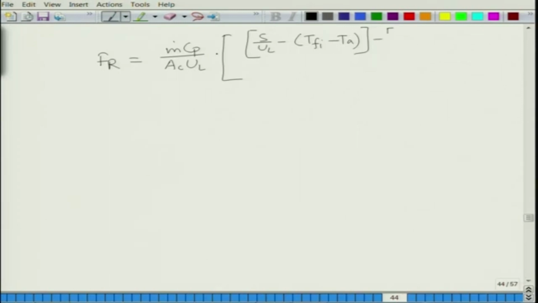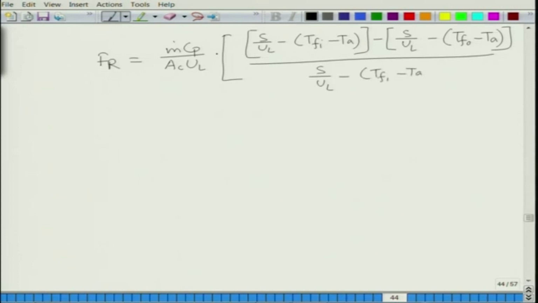Now, we have to see that the numerator part is balanced. We have added S over U_L, so we have to subtract it, and we have added T_A, the ambient temperature, so we also need to subtract it. Let me write it completely. The denominator is S over U_L minus T_FI minus T_A.